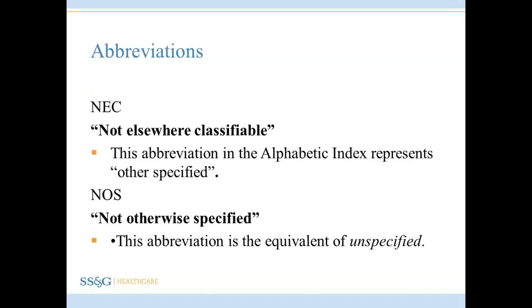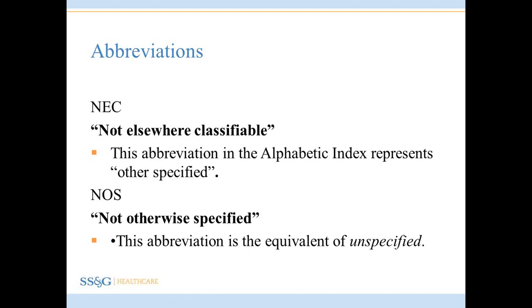Okay, moving on to abbreviations. Not elsewhere classifiable, NEC. This abbreviation is in the alphabetic index, and it represents other specified. NOS is not otherwise specified. This abbreviation is the equivalent of unspecified.